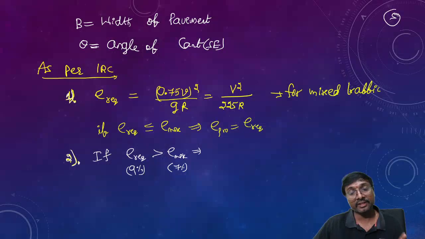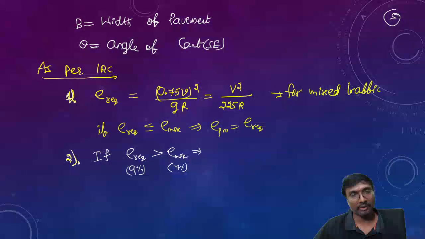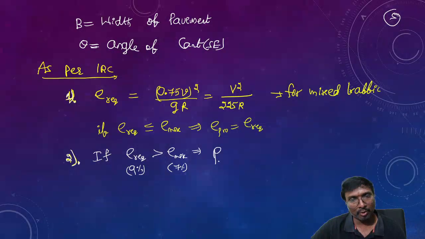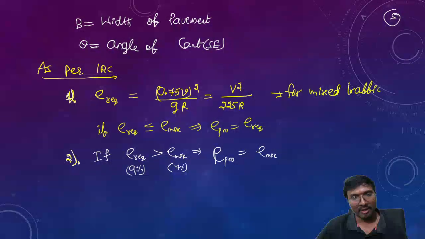We need to restrict the super elevation to the E max limit only. Then the super elevation provided will be equal to E maximum only. So E maximum, 7%, is what we are providing.